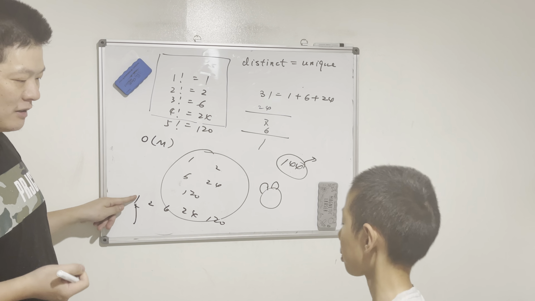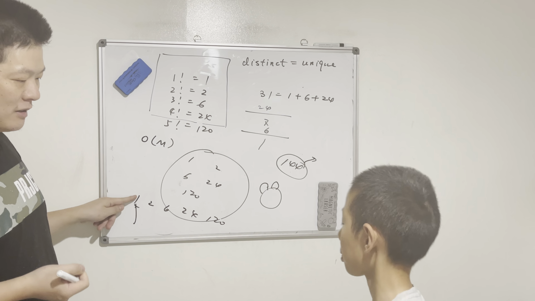So for M items, what's the time complexity of this algorithm? Is it M times 2? Close, but not quite. Is it M to the power 2?